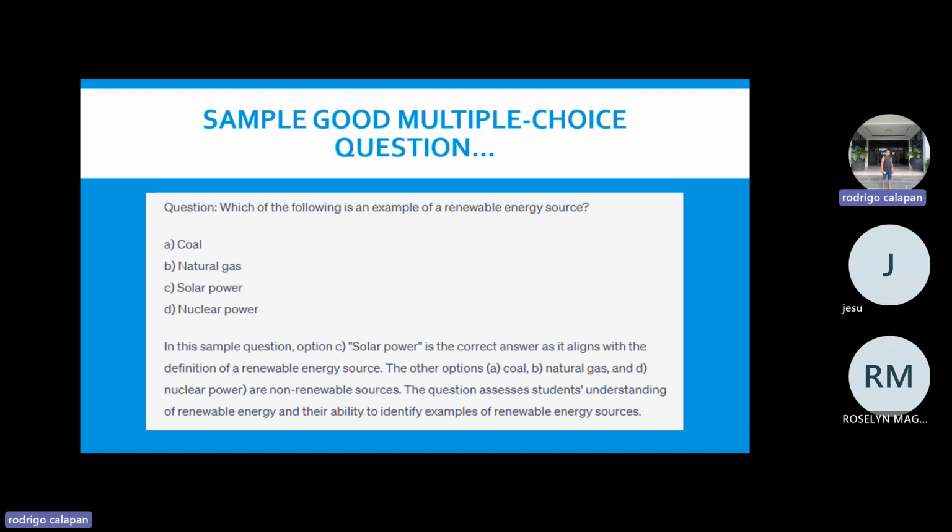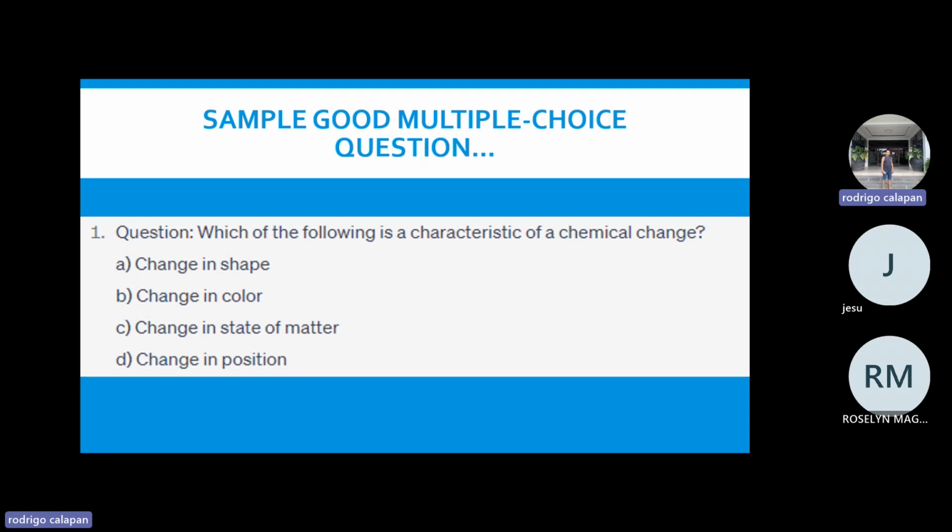The other options, A, B, and D, are non-renewable sources. And this question assesses students' understanding of renewable energy and their ability to identify examples of renewable energy sources.